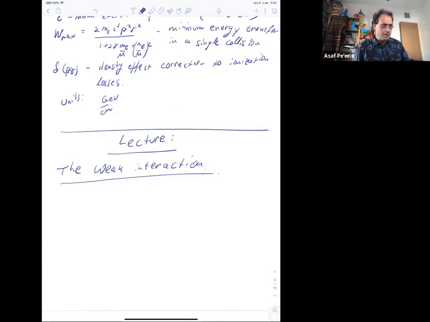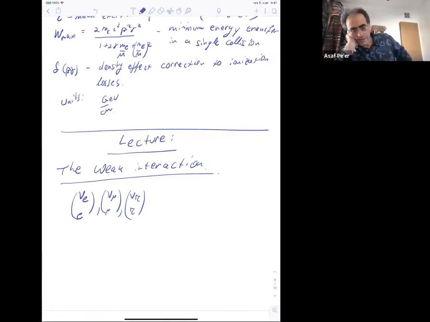To show that we can still treat the quarks as doublets, the same way as we treat the leptons. So we have lepton doublets: nu e, e; nu mu, mu; nu tau, tau. But for the quarks, we cannot have that because the W can mix quarks of different generations.